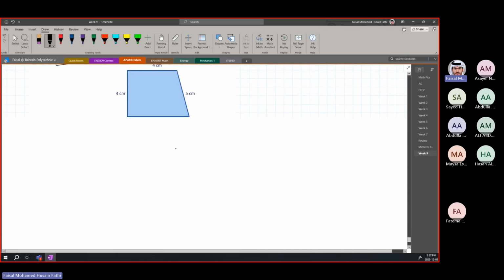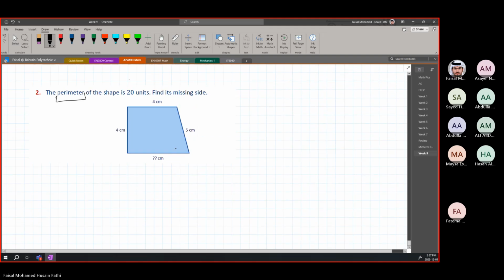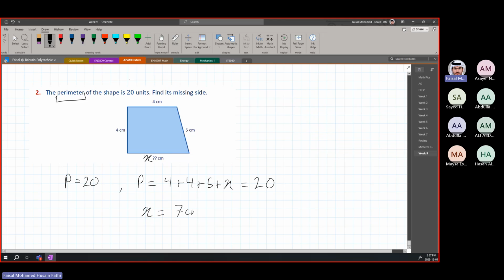Here what we did was, again, perimeter is equal to 20, and perimeter is also equal to 4 plus 4 plus 5 plus x, which is all equal to 20. x is going to be equal to 7 after solving.